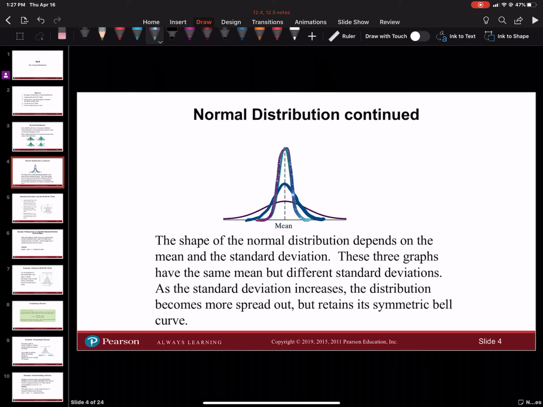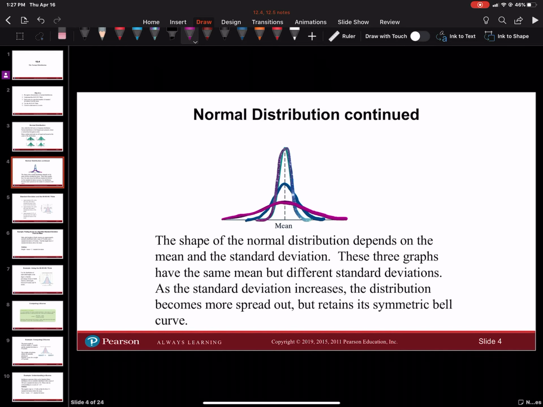Now, as the standard deviation spreads out, we have this purple one, which goes like this. Let me see if I can trace that a little bit better. All right. As you see, it's more spread out. Honestly, right now, you're not going to worry about all that. It's just showing you different distributions.